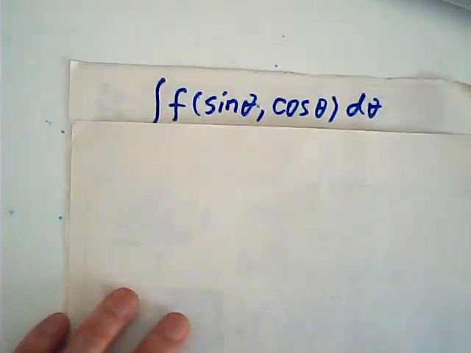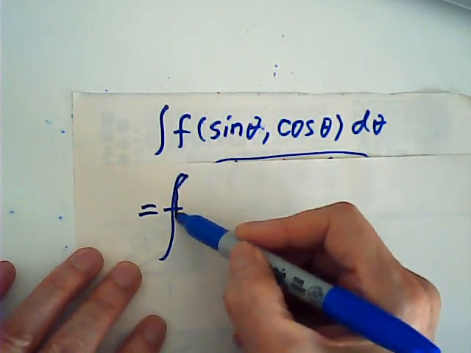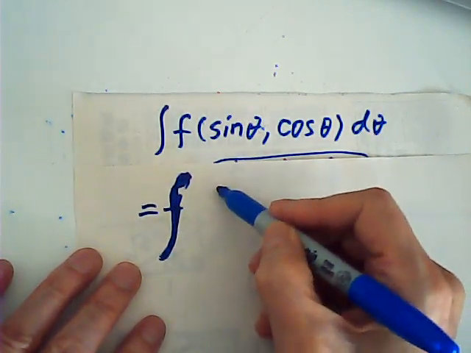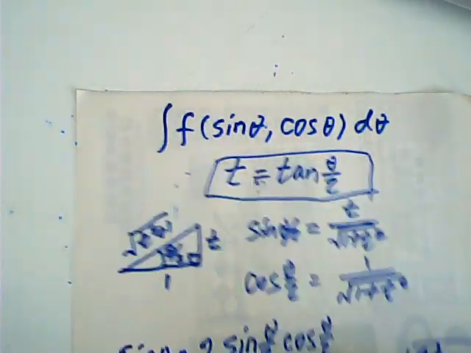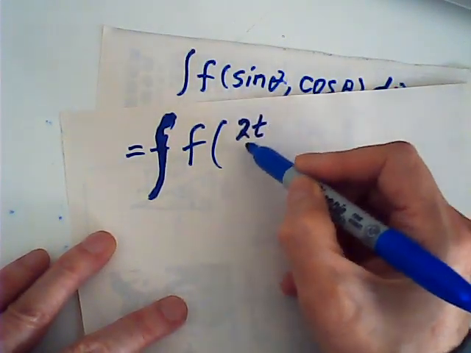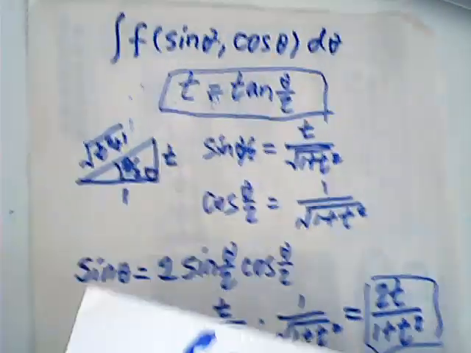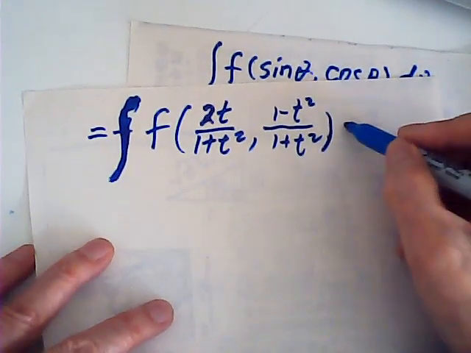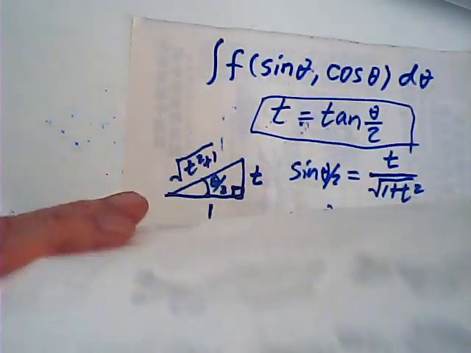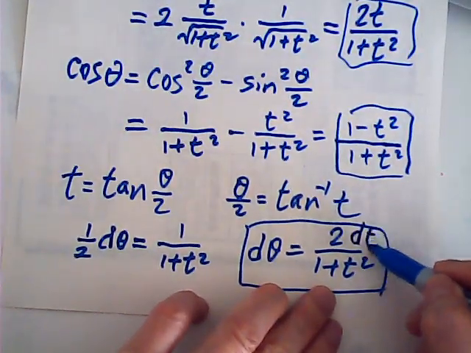Then we have the result that this integral becomes an integral of a function of t: sine is 2t over 1 plus t squared, and cosine is 1 minus t squared over 1 plus t squared, and d theta is 2 over 1 plus t squared dt.